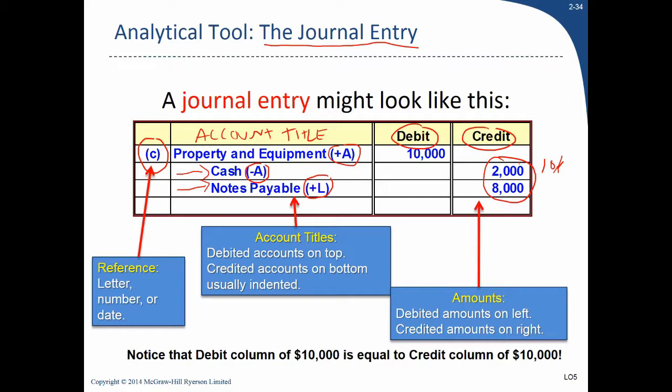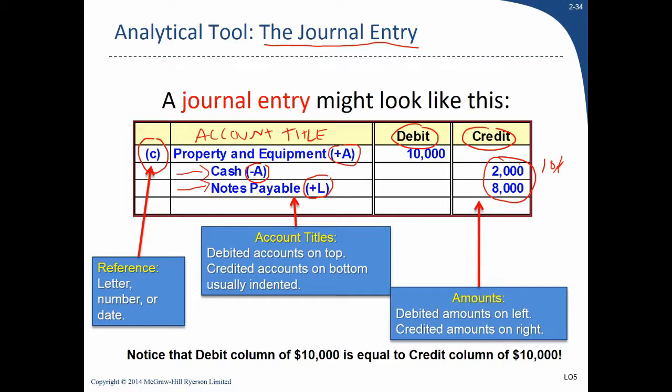Okay, so yeah, exactly. The question is, on the midterm, what will you have to be putting for account titles and references? How it's going to work is, notice how this is reference C. It'll be very similar. I'll have transactions labeled A to F or 1 to 7, and that should be the reference, okay?